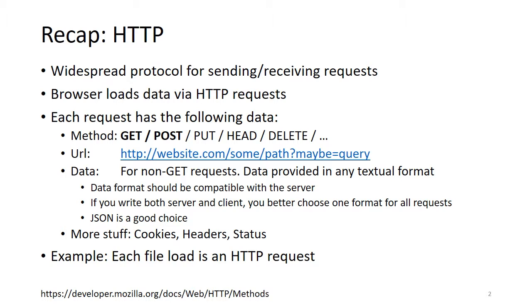But another way to send the data, if we are sending not GET requests but, for example, POST requests or PUT requests, is to provide data in the body of the request. And this is better than sending data in the URL parameters, because this data may be arbitrarily large, while for the query parameters you have a limitation of something like 256 or 1000 symbols.